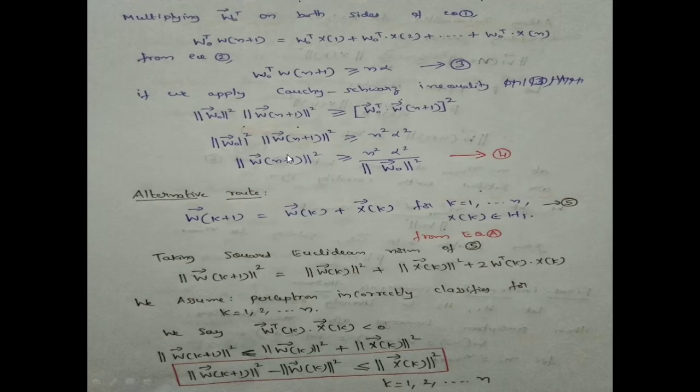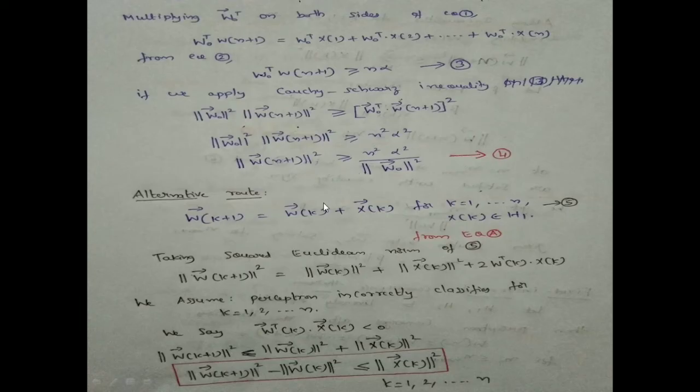Solving this, the norm of W of n plus 1 squared is greater than or equal to n squared alpha squared divided by the norm of W0 squared. Let us consider this as equation 4. We will stop this solution up to this step.